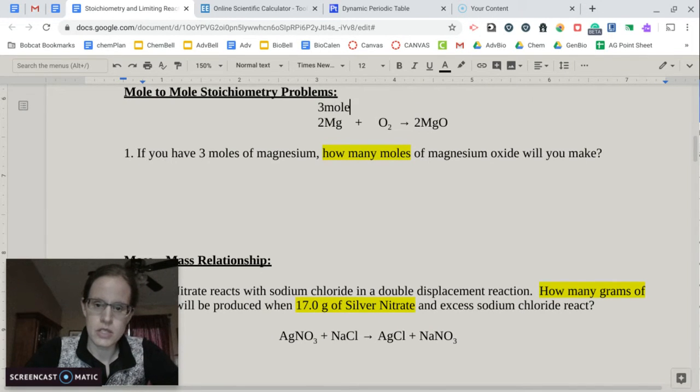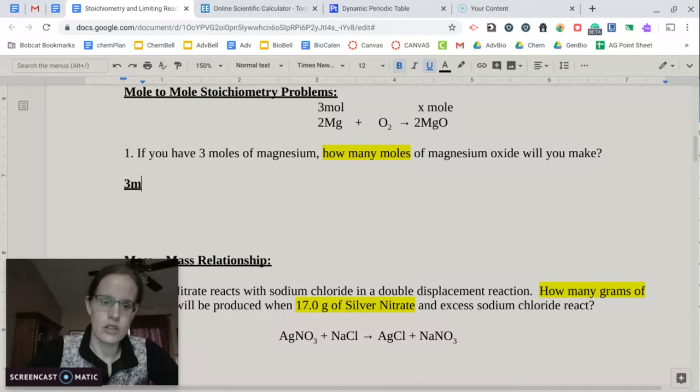So I'm going to write 3 moles here, and we don't know, X moles there. We can ignore the oxygen. They're not asking for oxygen. They're not giving us oxygen. So in this simple problem, we're just going to ignore it. We're going to assume that there's enough oxygen in the air that we don't run out of oxygen.